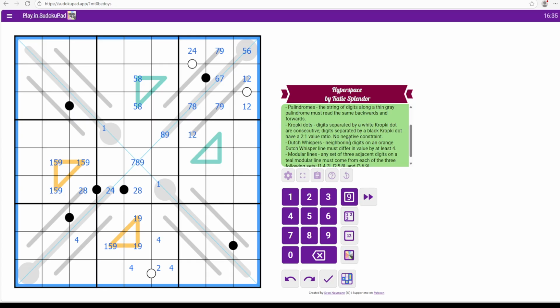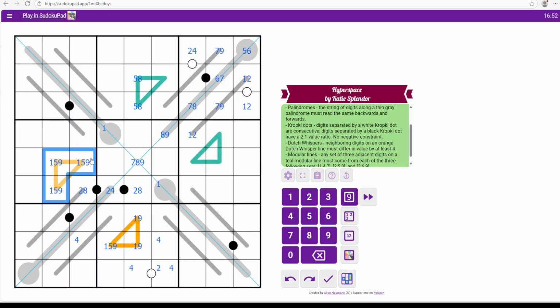I don't entirely know what it means by no negative constraint for the dots. The only thing I can maybe think of is that those aren't specifically 1, 5, 9, in which case, what could they be?